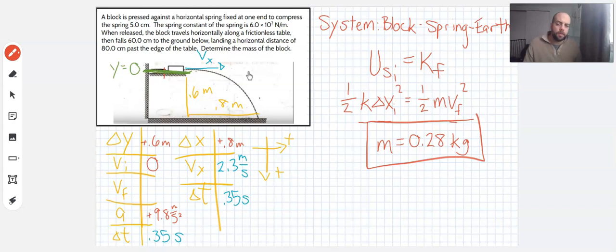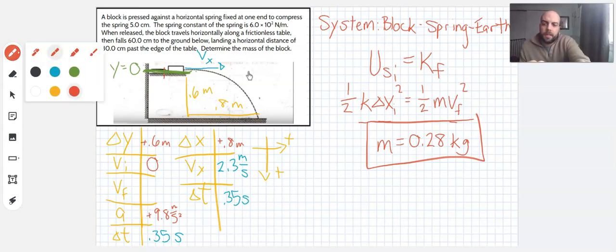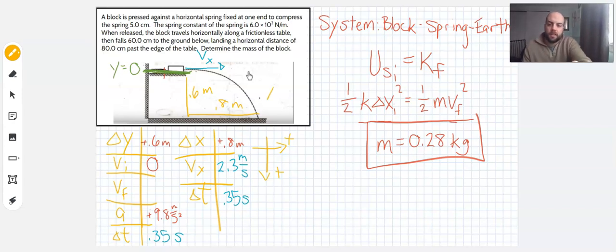There's another great way to do this problem where instead of saying the final condition is after the block leaves the spring, some people set the final condition as down here, right before the block hits the ground. And so they say spring potential energy equals kinetic energy at the end, and then there's also some gravitational potential energy if you define y equals 0 at the ground.